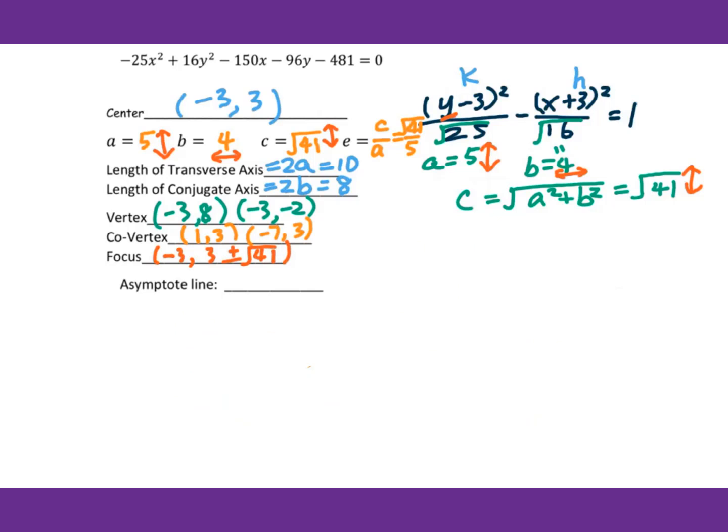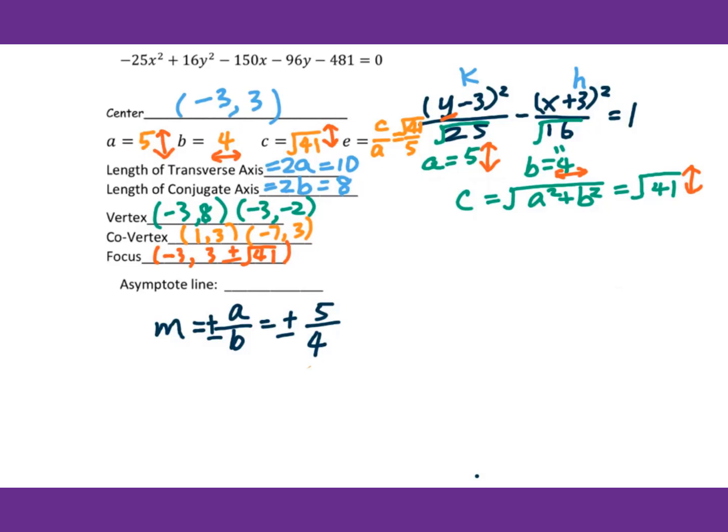For the asymptote lines, we will get the slope first. Rise over run. Since a is the rise, it's a over b. That's plus or minus, so plus or minus 5 over 4.